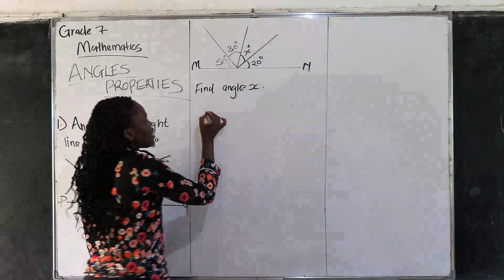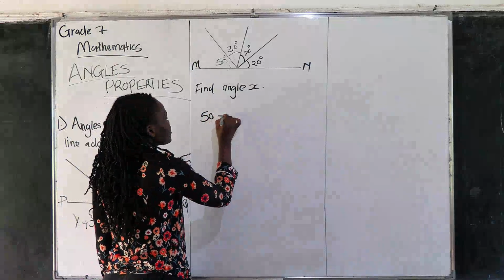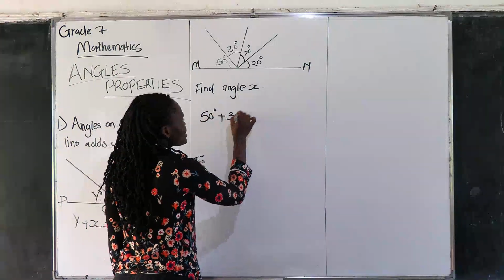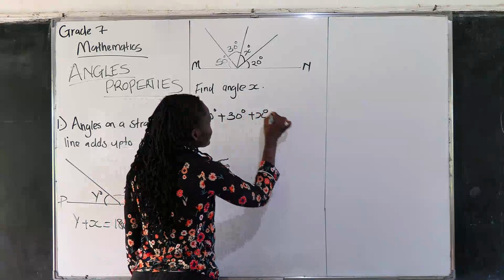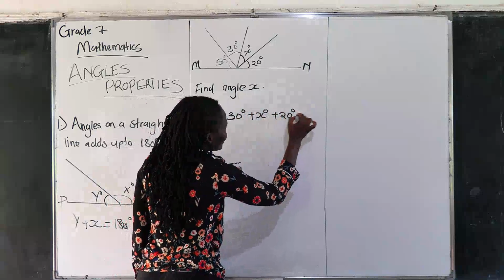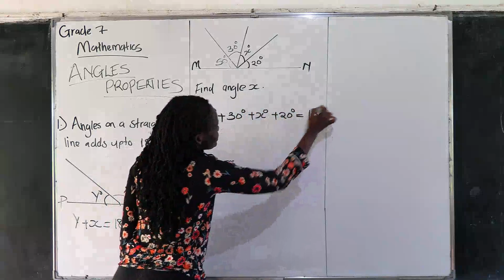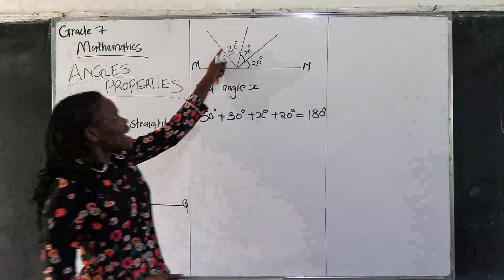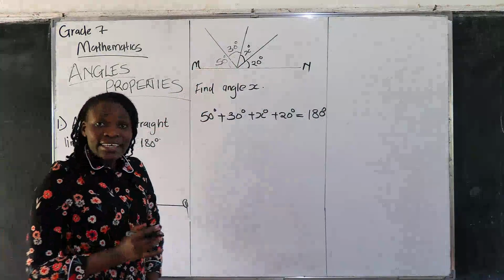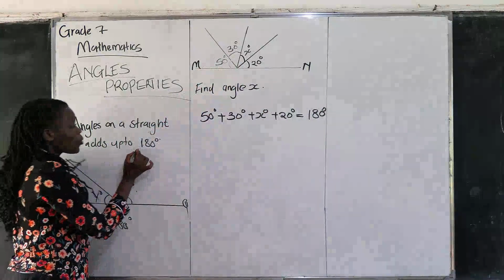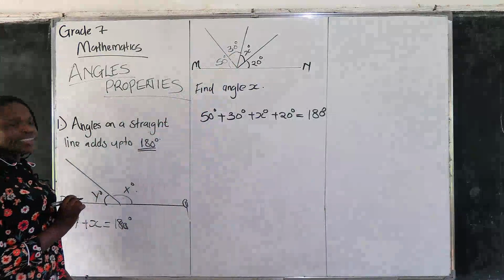We will know that when we add all the angles, that is 50 degrees plus 30 degrees plus X degrees plus 20 degrees, should give me what? 180 degrees. All these angles, when they are added, they should sum up to 180 degrees.